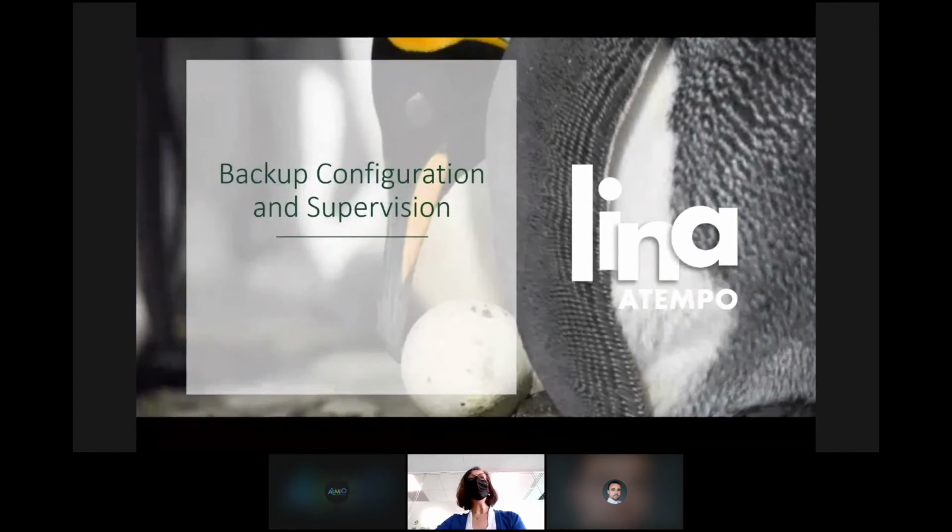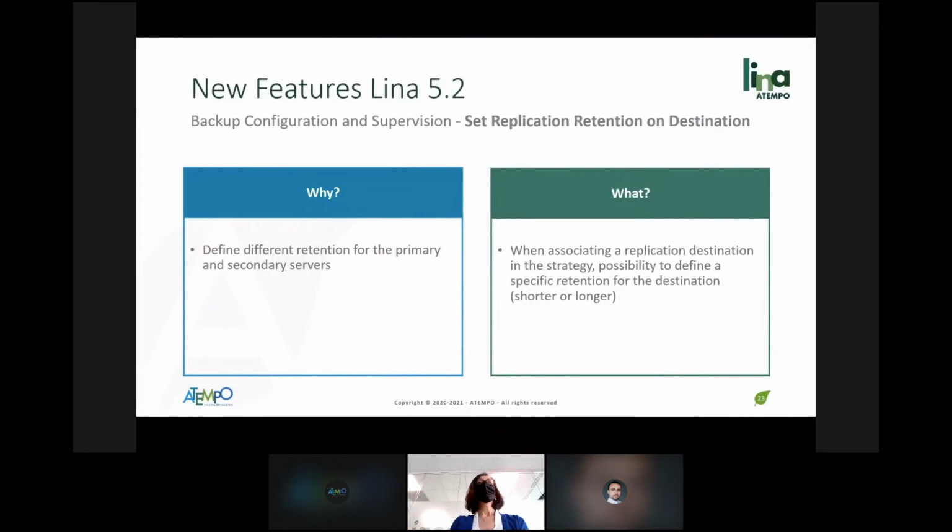Now, concerning backup, configuration, and supervision, we added a few features that are going to make your life easier, we hope. So now you can set a retention on the destination of the replication.